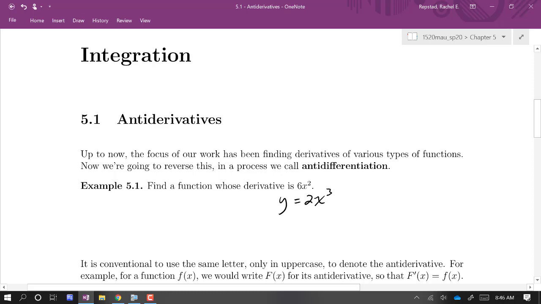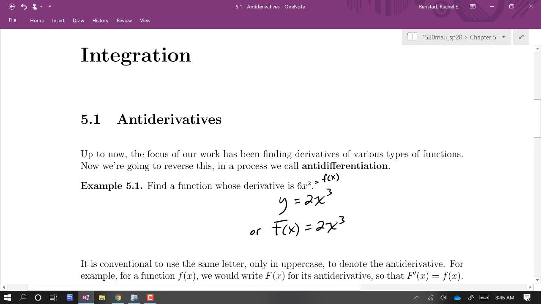And if we call the original function little f of x, that's 6x squared, there's a convention that says use the same letter but a capital letter to denote this new function. So here I called it y, but we might say big F of x is 2x cubed.